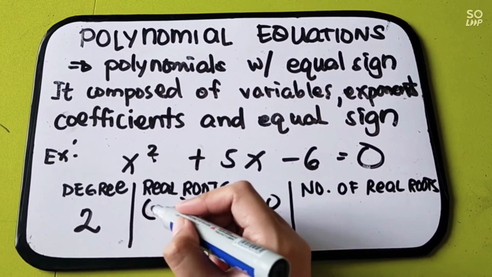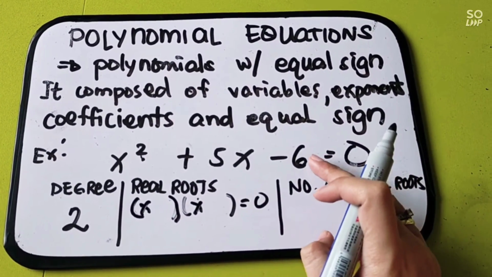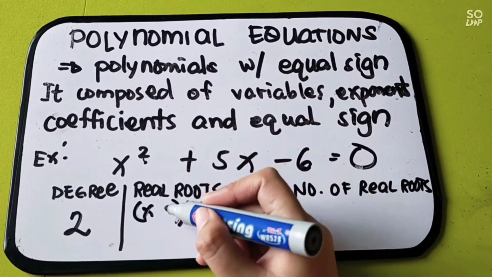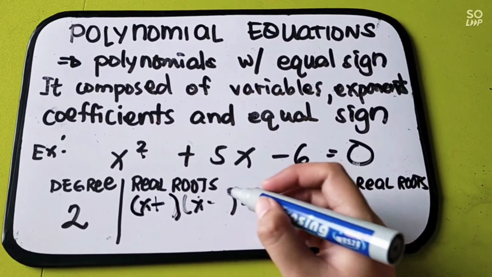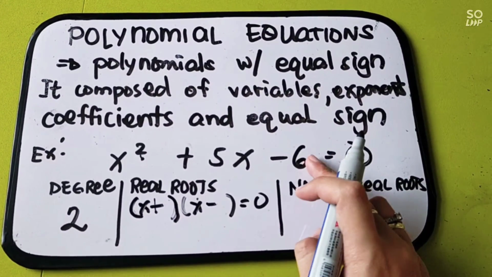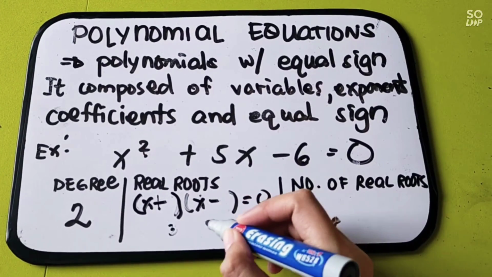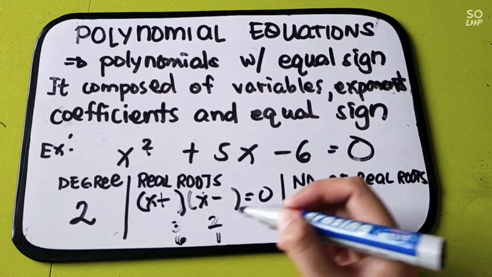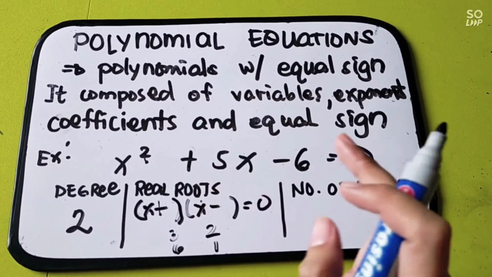The factors of x squared, we have x and then x again. Now, we have here a negative. Kapag may negative dito, kailangan ng ating factor ay isang positive, isang negative. Now, what are the factors of 6? The factors of 6, meron tayong 3 and 2, meron tayong 6 and 1. Kailangan, isang positive, isang negative.